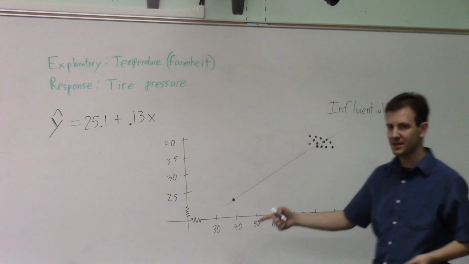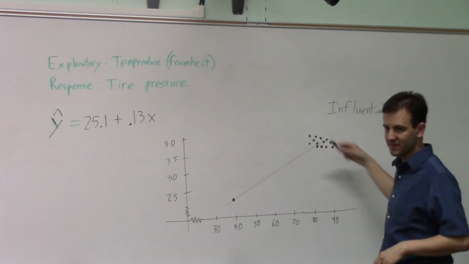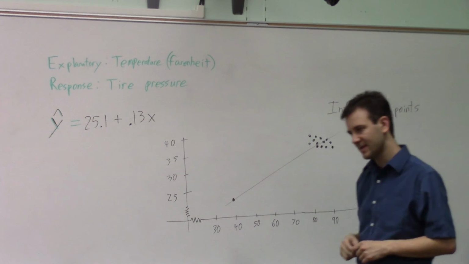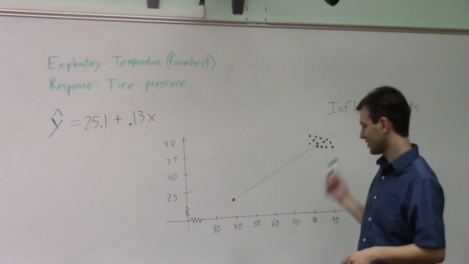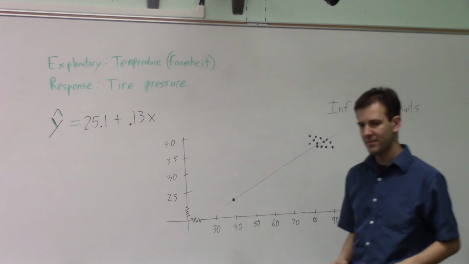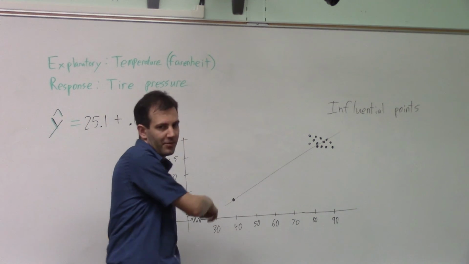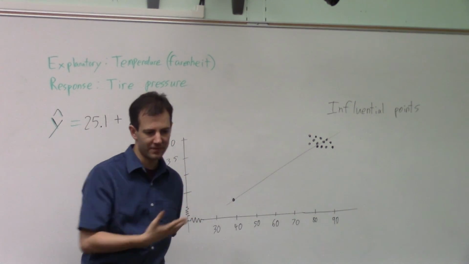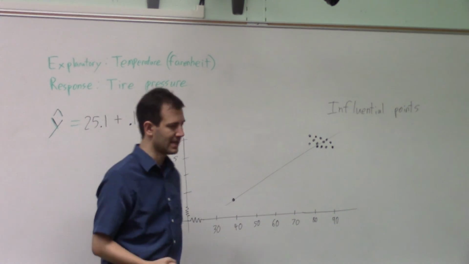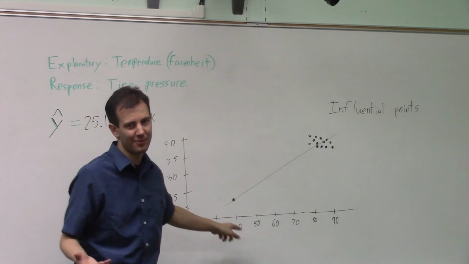A point way out to the left, or way out to the right, not in the same pattern as the rest of them, will have a lot of influence on the shape, on the direction of the least squares line. And they might ask you to comment on how the least squares line would be affected if another point were added, or if a point were removed. It won't go exactly through the point, right?